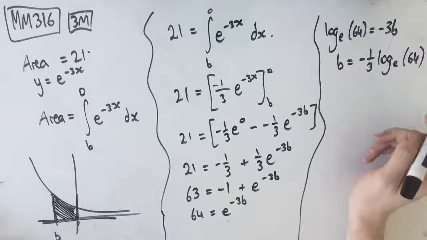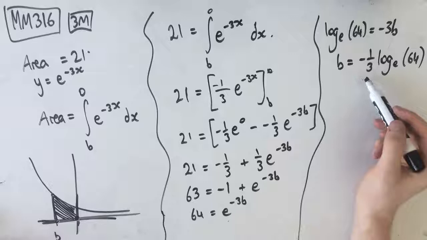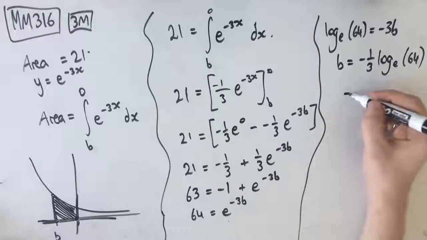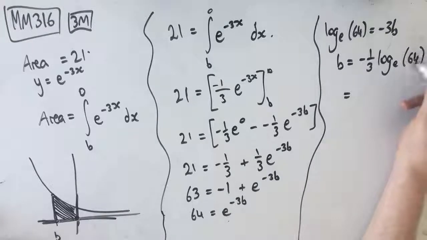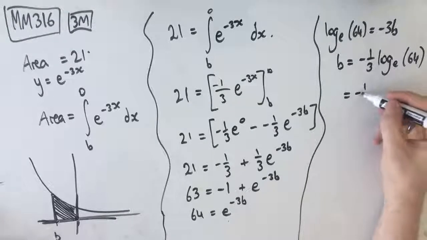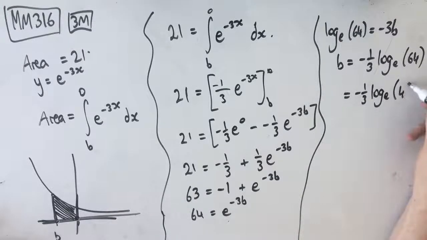Now, this isn't wrong, but I don't like how this looks. We can actually simplify this a lot more. So what I'm going to do is basically convert this into a power form. So I'm going to say negative 1 on 3 log e of 4 to the power of 3, right? Because 64 is 4 to the power of 3.